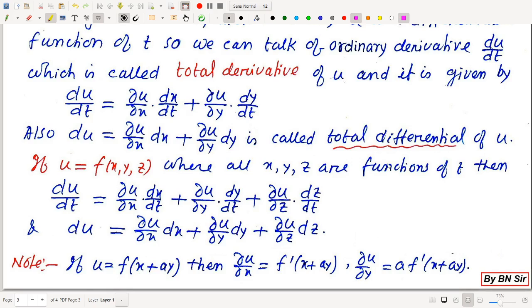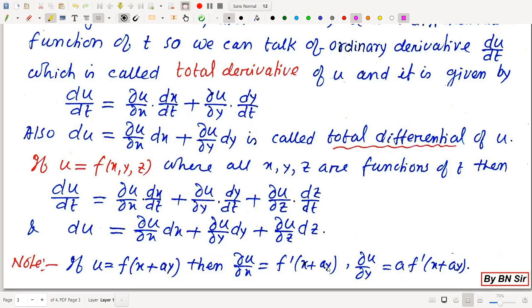Okay. Now one note, if u equal to f of x plus ay, means u is a function of x plus ay. You see here x plus ay is a single quantity. You can call it f of r. Then what will be del u by del x? F of r, so it will be f dash r. That's why you use the notation dash. Dash is only for single variable function. Here x plus ay is a single quantity.